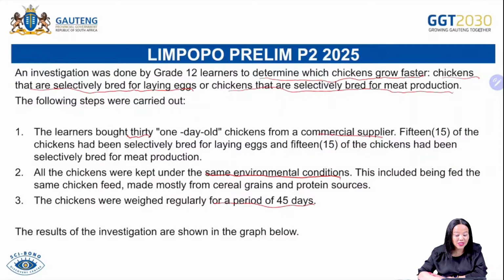So in this investigation, the grade 12 learners are determining which chickens grow faster, the ones that are selectively bred for laying eggs or the ones that are selectively bred for meat production. And the sample size here, they bought what? They bought 30 chickens, 1 day old. And they were exposed to what? They were exposed to the same environmental conditions for a period of 45 days.